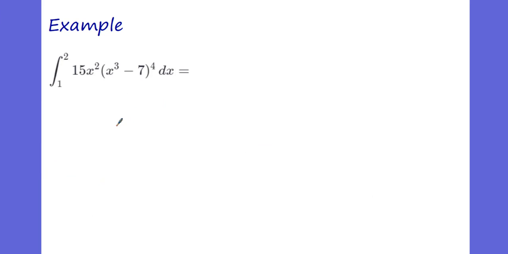So let's go through one more example of definite integration by u-substitution. What's going to be our integral? Or sorry, what's going to be our u? Our u is going to be x cubed minus 7. Again, I like to always do this to the side for u-substitution, which means du is equal to 3x squared dx. Well, if you can see, I do have a 3x squared dx if you bring out a 5.